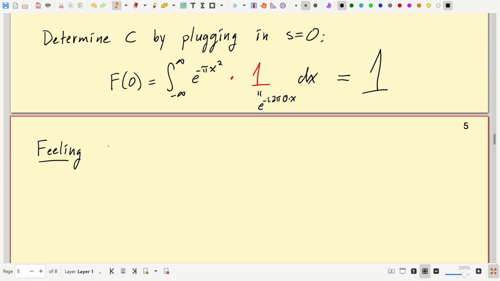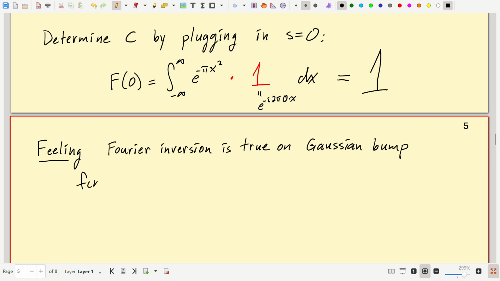So if Fourier inversion is true on these famous Gaussian bump functions, then it's true much more generally.